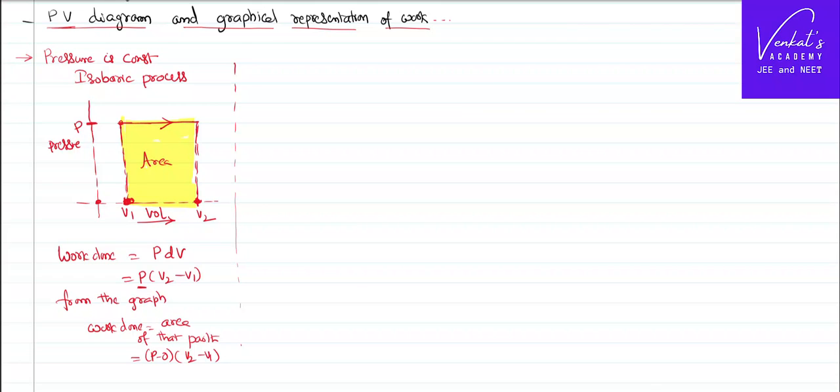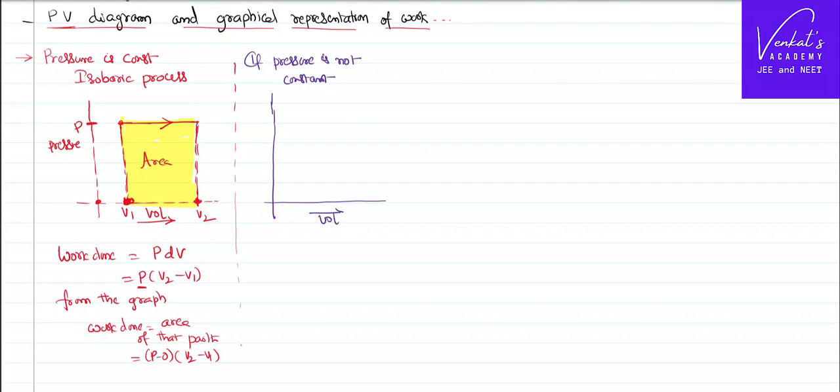Suppose the pressure is not constant. If pressure is not constant, the process is not an isobaric process. The pressure is varying with respect to time and temperature.